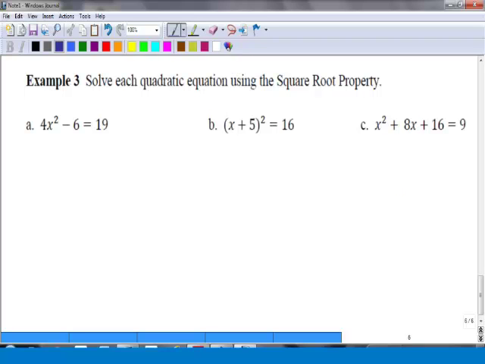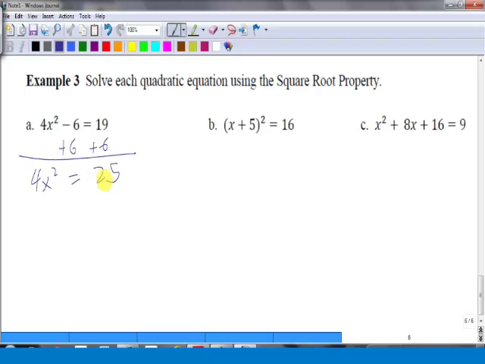We solve it explicitly for x squared, and it's important to note that there's no x term because ordinarily, if there's an x squared term, we get 0 on one side and all the non-zero terms on the other. But it's a different approach here. We want to solve it and get x squared all by itself on one side. So I add 6, 4x squared equals 25.